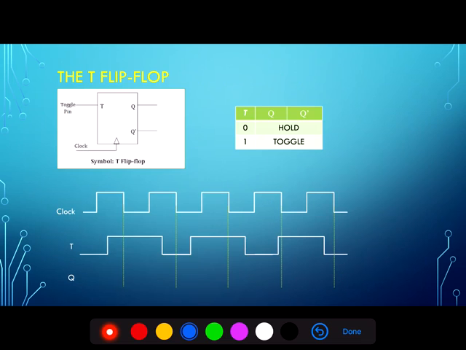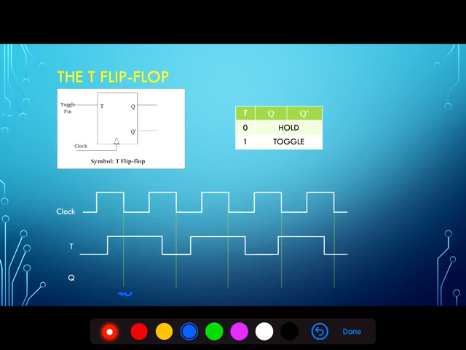Now we can take a look at this on the timing diagram shown here and just look at how the trailing edge T flip-flop works in real-time operation. So on this first trailing edge of the clock here, what happens to Q? Well, that's a good question. Where does it start?